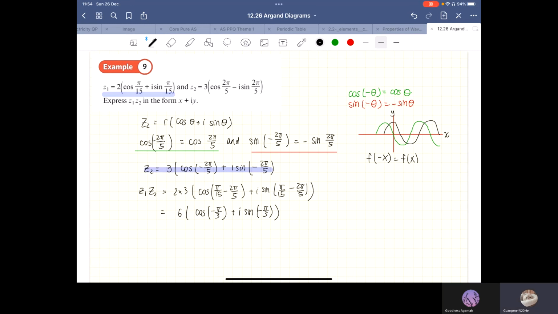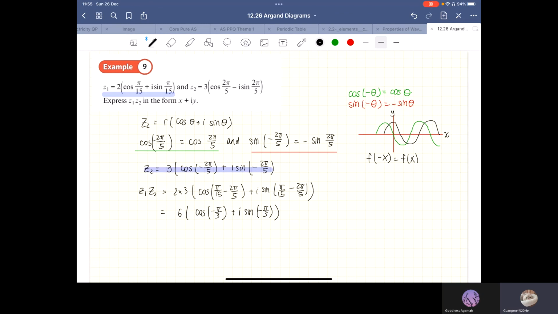Actually, for this cosine negative pi over 3, you can work it out without a calculator. Same for sine negative pi over 3. As long as you convert it into degrees, then you can work it out. So negative pi over 3 should be negative 60 degrees. So you just work out cosine of negative 60.